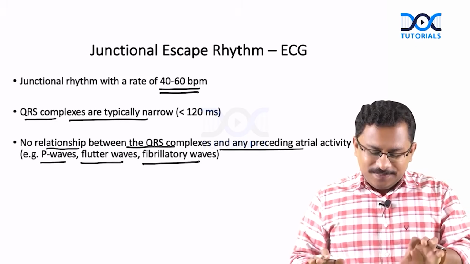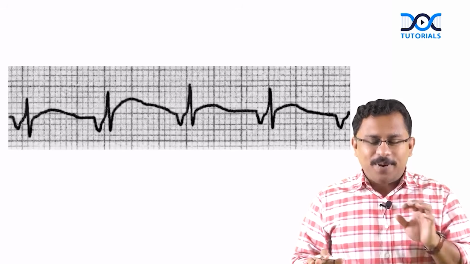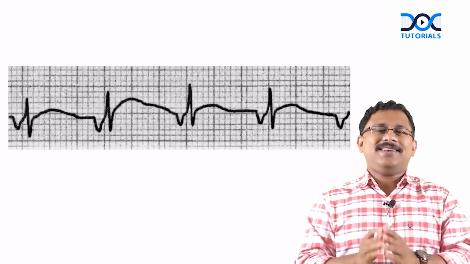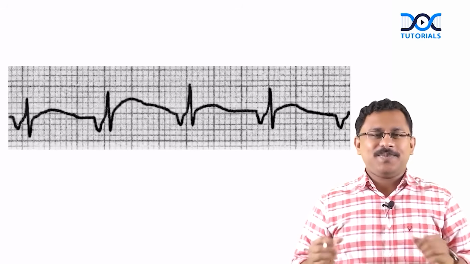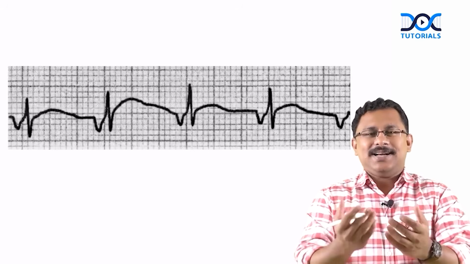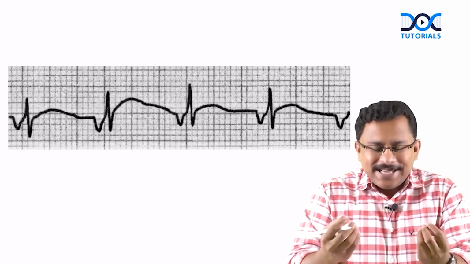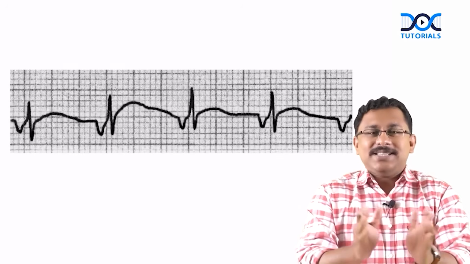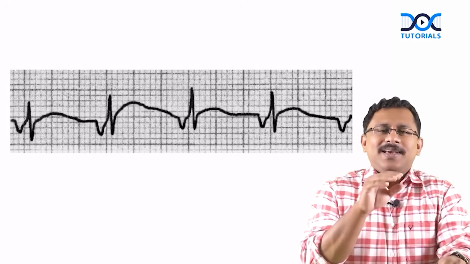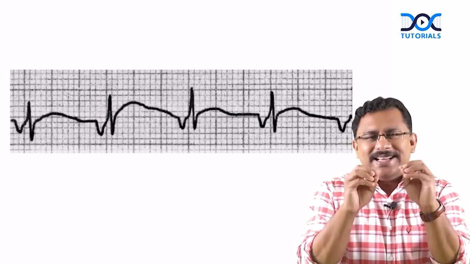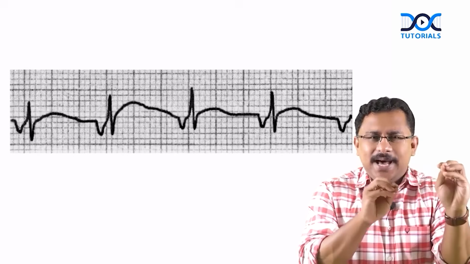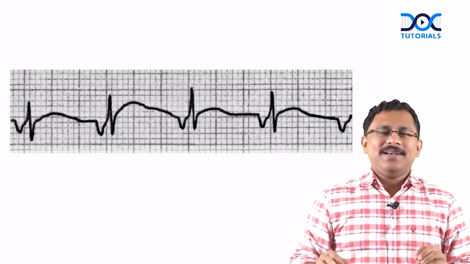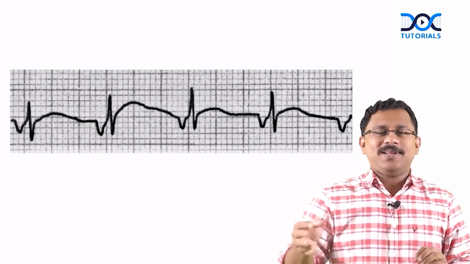Now the second type of junctional rhythm is the accelerated junctional rhythm. Now when you talk of the junctional escape rhythm, it often is because the SA node is having some sinus arrest. That is the reason why someone will have a junctional escape rhythm.